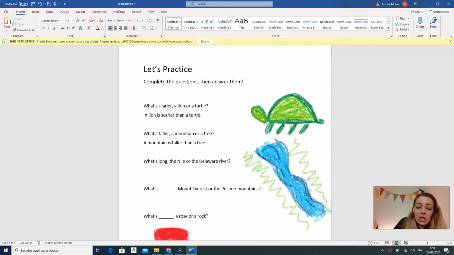What is longer, the Nile or the Delaware River? I believe the Nile is the longest river in the world. So the answer would be the Nile is longer than the Delaware. Sorry, the Delaware River is in Pennsylvania. It's between Pennsylvania and New Jersey, for anyone that might not know.